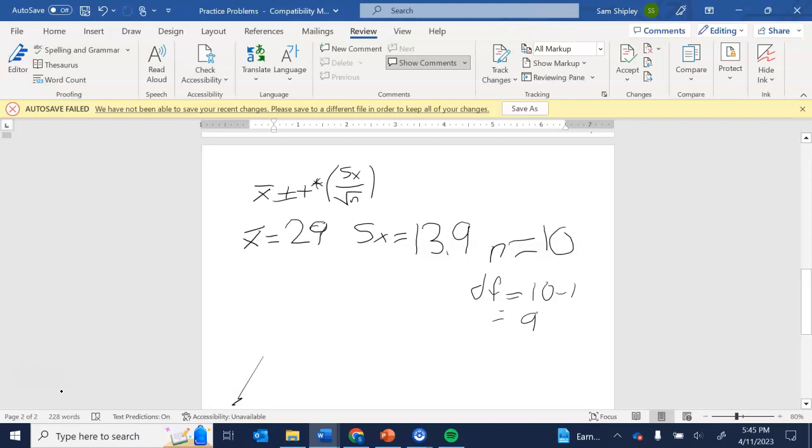Now, to look for the critical t value, because it's at 90%, look at your chart, see on the left side is DF, go to 9 and go across to where it's 90%. When you go across to 90%, the t critical value is 1.833.